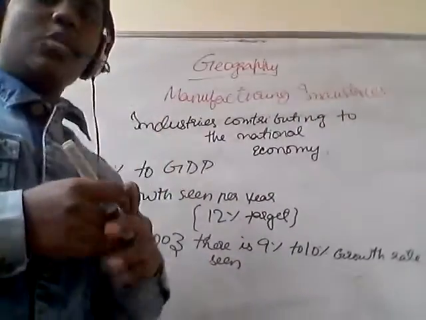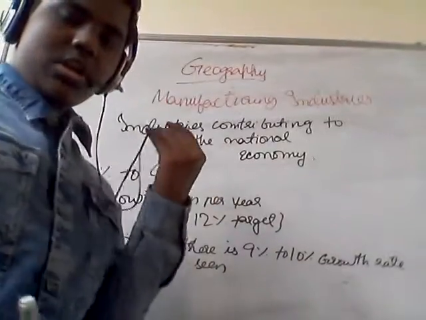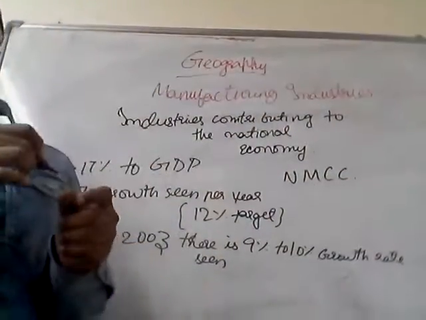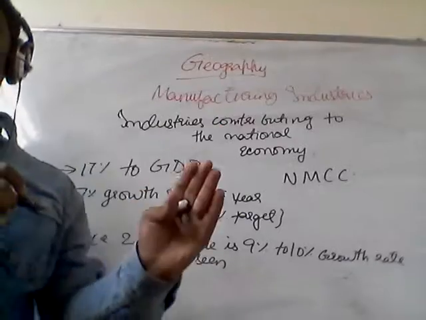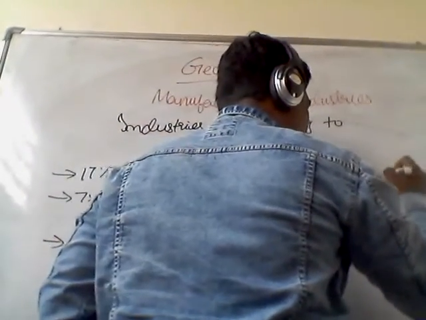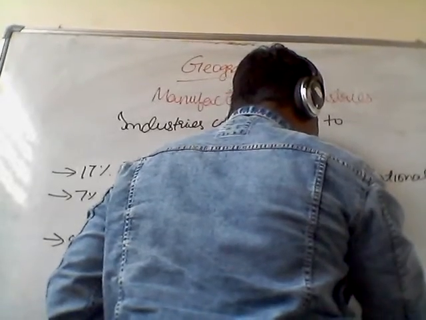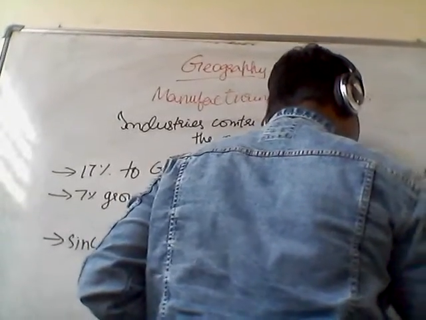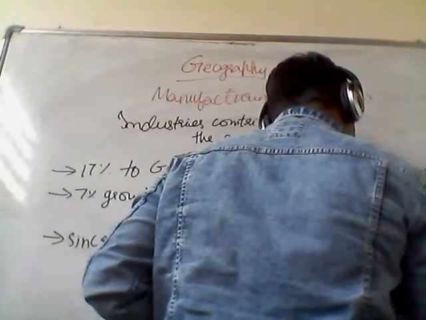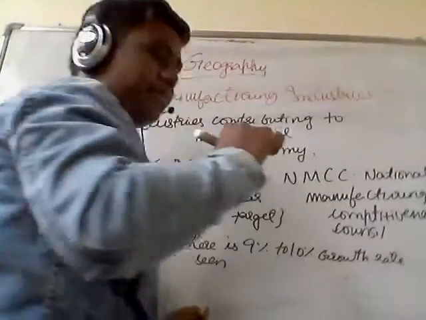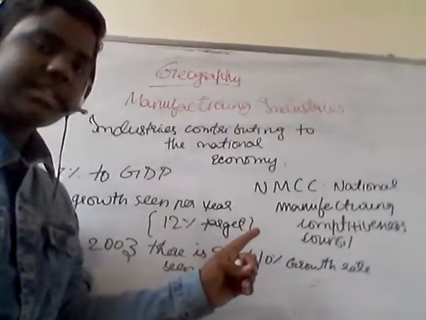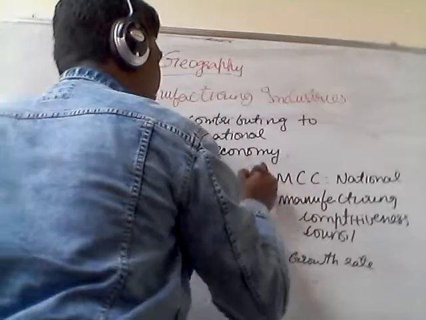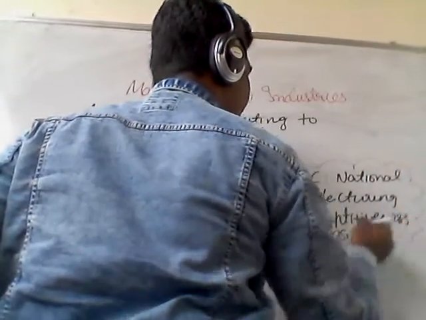Who is trying to achieve this? There is one organization, NMCC, that is the National Manufacturing Competitiveness Council. This is an organization set up with the objective of increasing industrial productivity by getting appropriate policies.